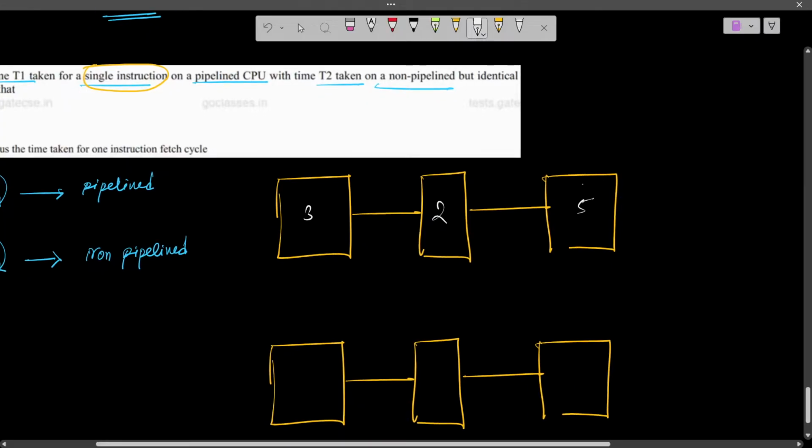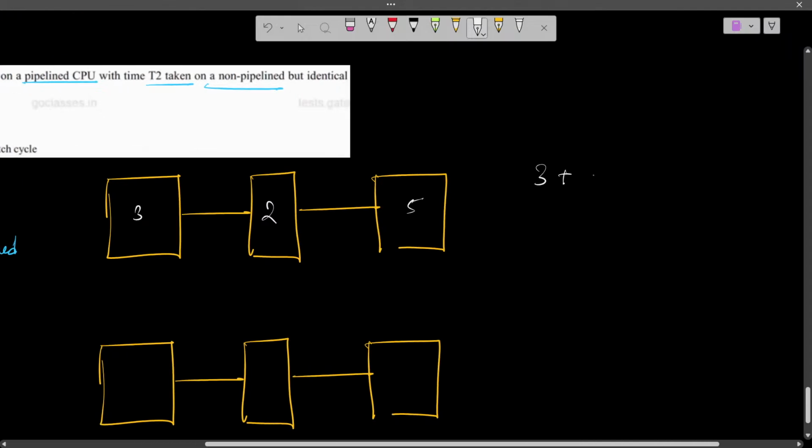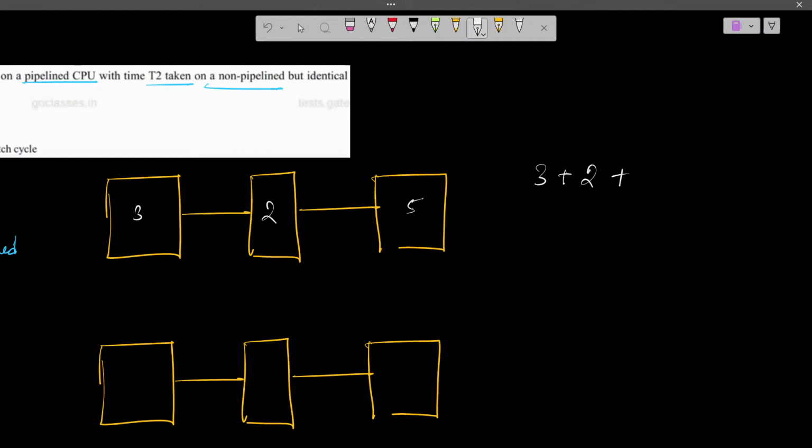In that case we don't care about which one is slowest, we just take the sum of all the stages, so that will become 10, and we multiply with the clock cycle.